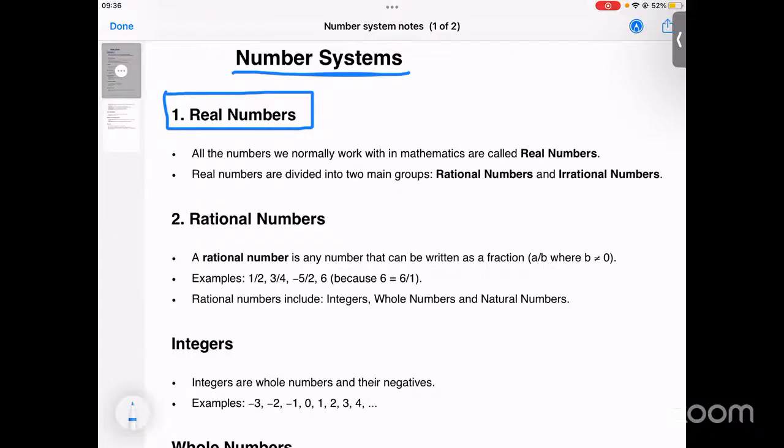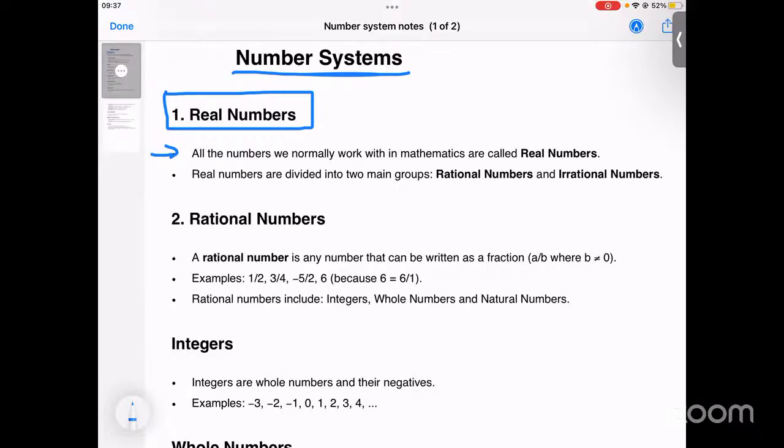So let's see. Okay, let's talk about the real numbers, where real numbers are actually all the numbers we normally work with in mathematics. So all those numbers are called real numbers. Any number that you can just punch on your calculator and press the equal sign and it gives you a number, that's what we are talking about when we say real numbers.